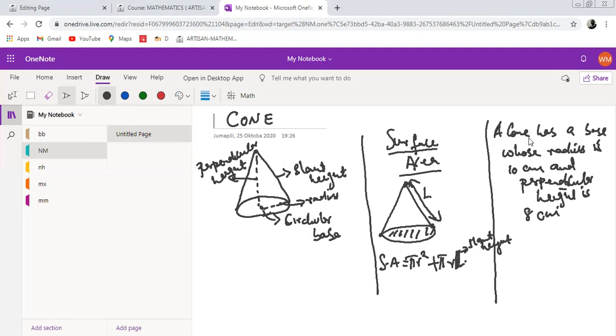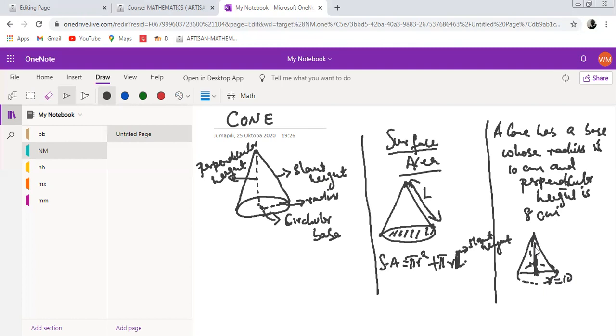So if you are given information like this, you are told that the base radius, that is from the center to the circumference of the circular base, is 10, and you have been given the perpendicular height. The perpendicular height is from the center of the base to the top.